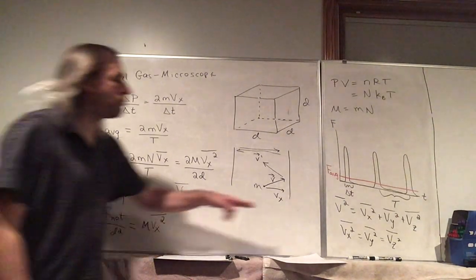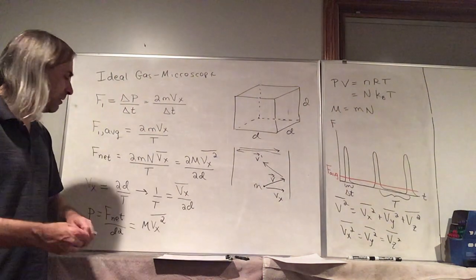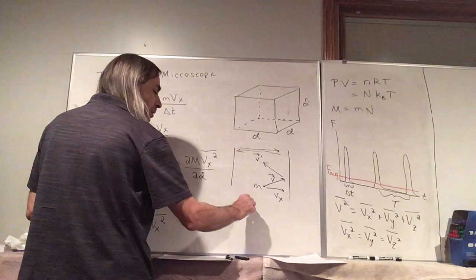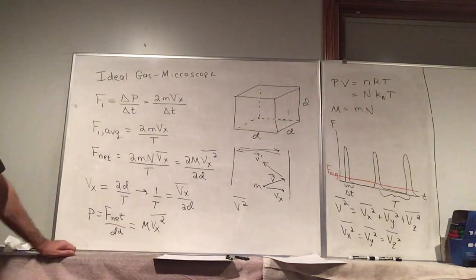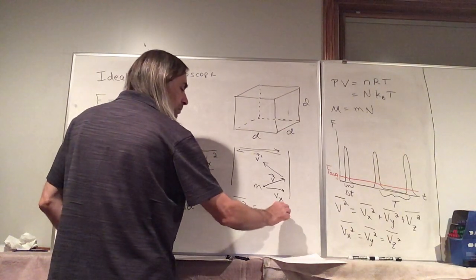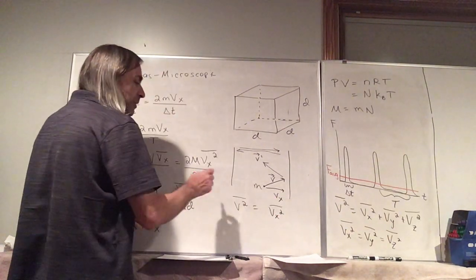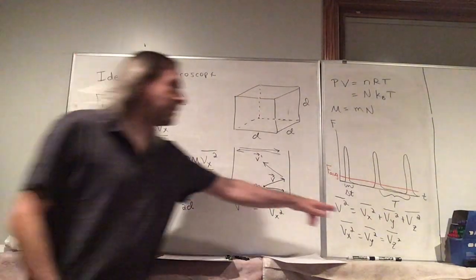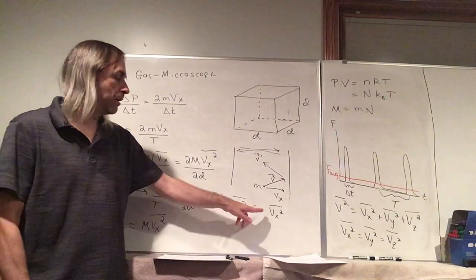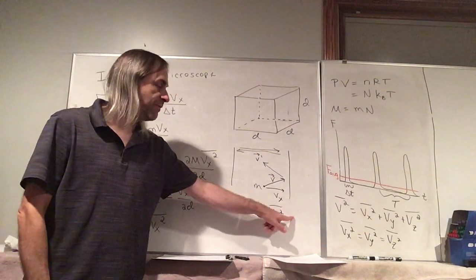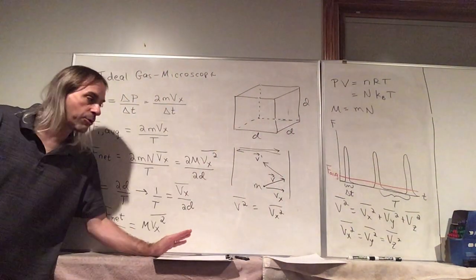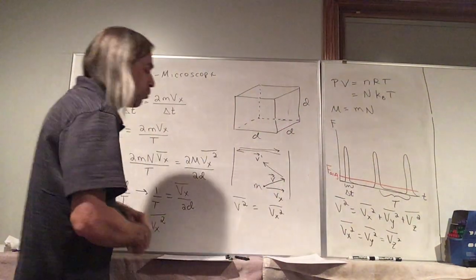And so if we look at this equation above, I'm going to write the result here. But the average value of v squared is the average value of vx squared plus the average value of vy squared, but that's the same as vx squared. So we can write vx squared plus vx squared, and then we can replace the average value of vz squared with vx squared as well.